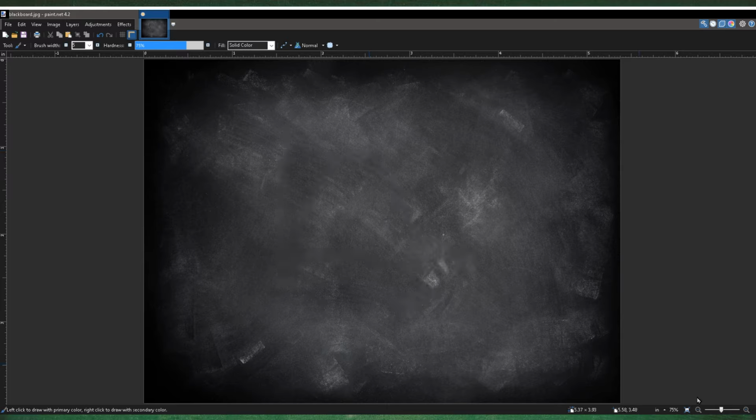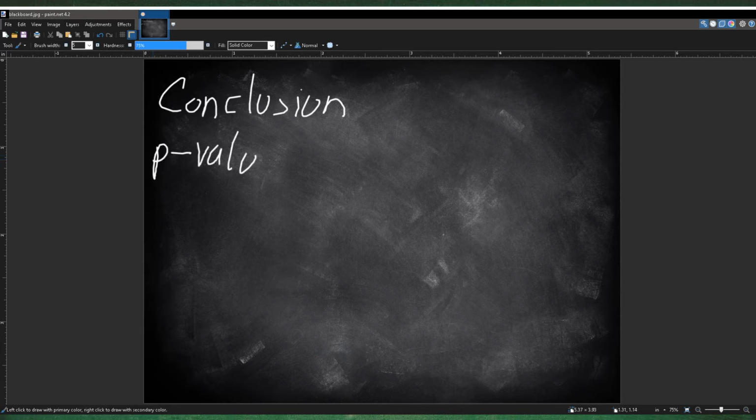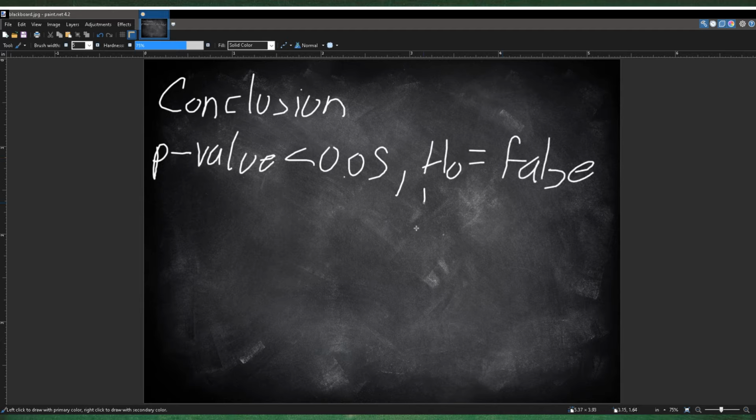Okay. Now let's do the conclusion, which is pretty similar all the time. If your p-value is less than 0.05, your alpha level, you say the null hypothesis is false, and your alternative hypothesis is true.